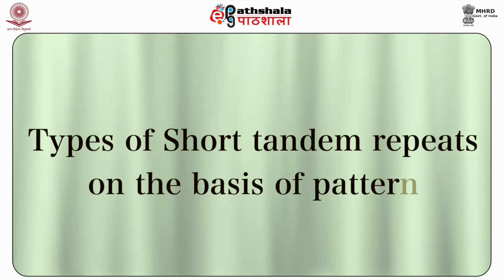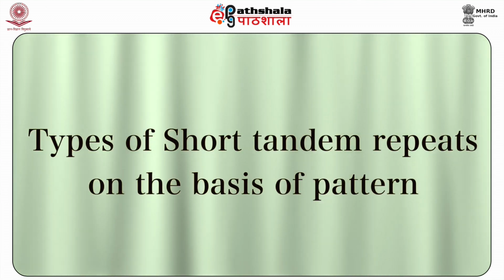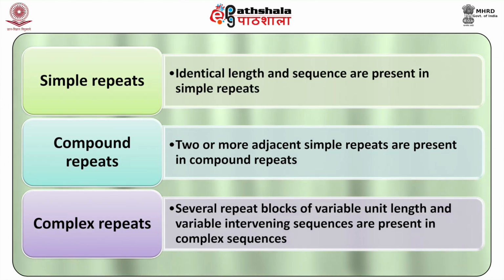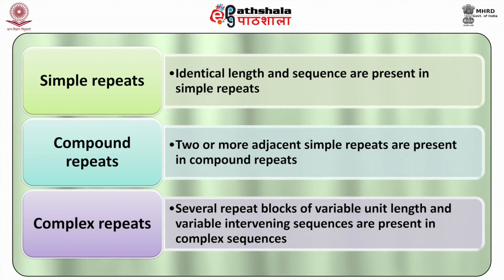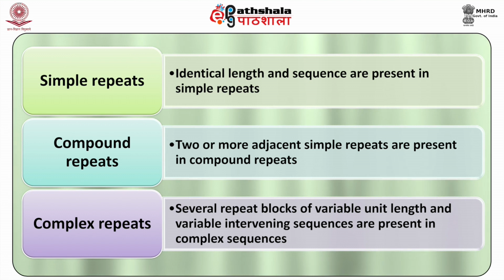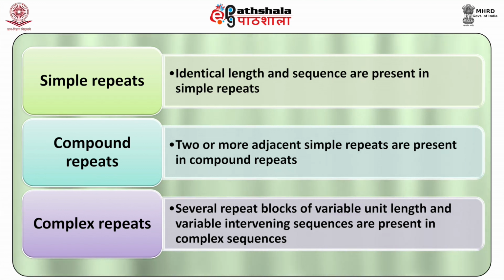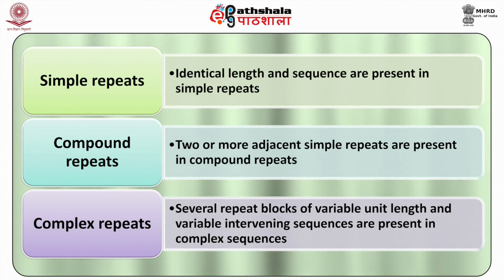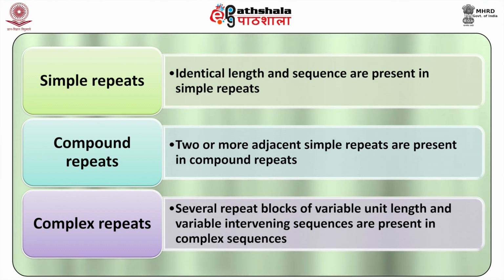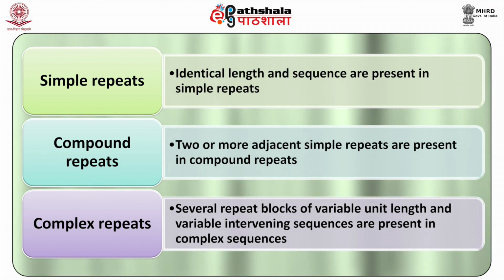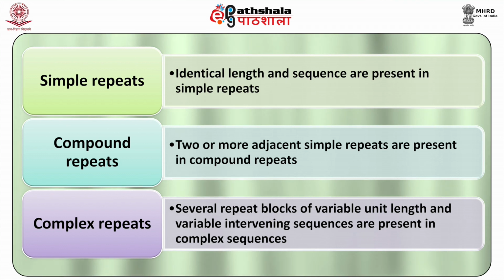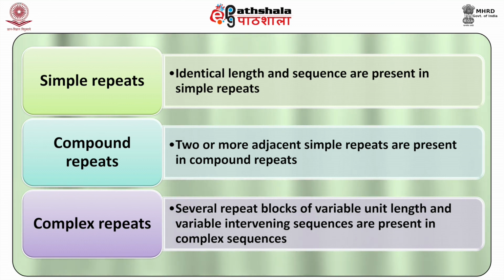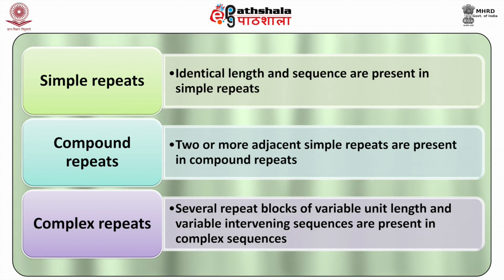The types of STRs on the basis of pattern. There are 3 types: simple repeats, which are identical in length and sequence, and compound repeats, where 2 or more adjacent simple repeats are present, and complex repeats, where several repeat blocks of variable unit length and variable intervening sequences are present in complex sequences.